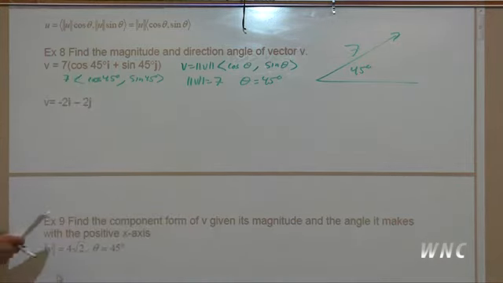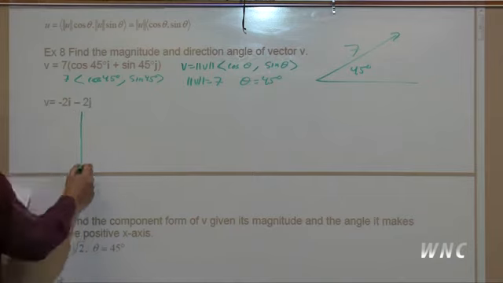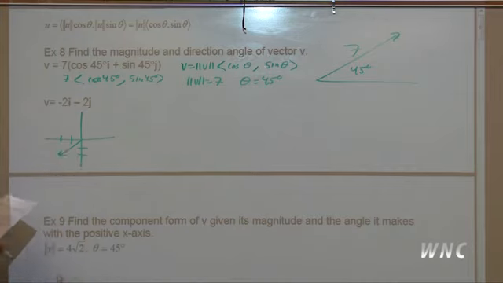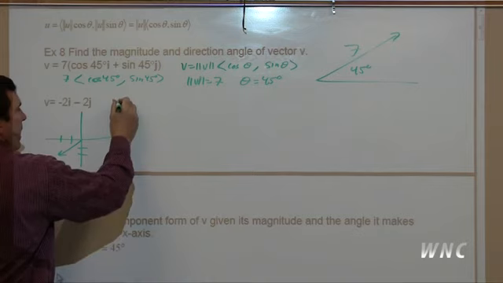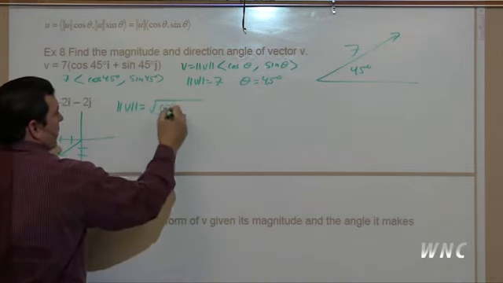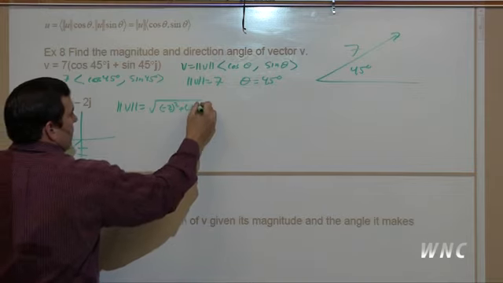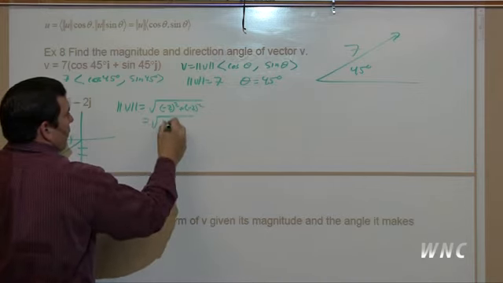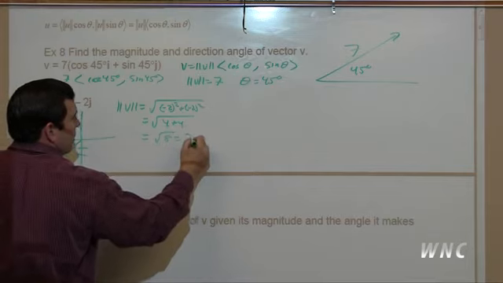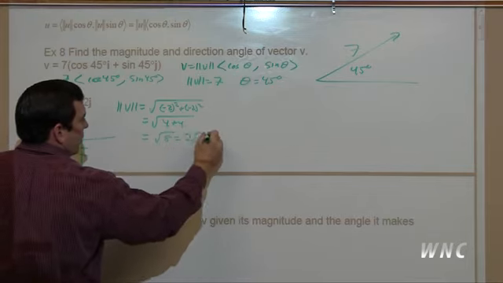For the next one, we're going to have to do a little bit of work. Let's draw a little picture of what we're seeing here. -2, -2 puts us down here. So the magnitude of v is the square root of -2 squared plus -2 squared, square root of 4 plus 4, square root of 8, which is 2 times the square root of 2.